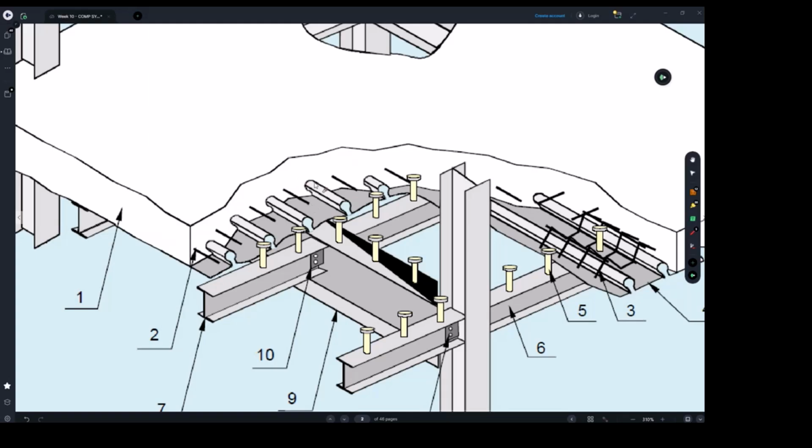So the first system I can see here is the slabs. The slab is in composite with the bonding or the metal sheet. The metal sheet is going to act as reinforcement to resist whatever tension it needs to take.